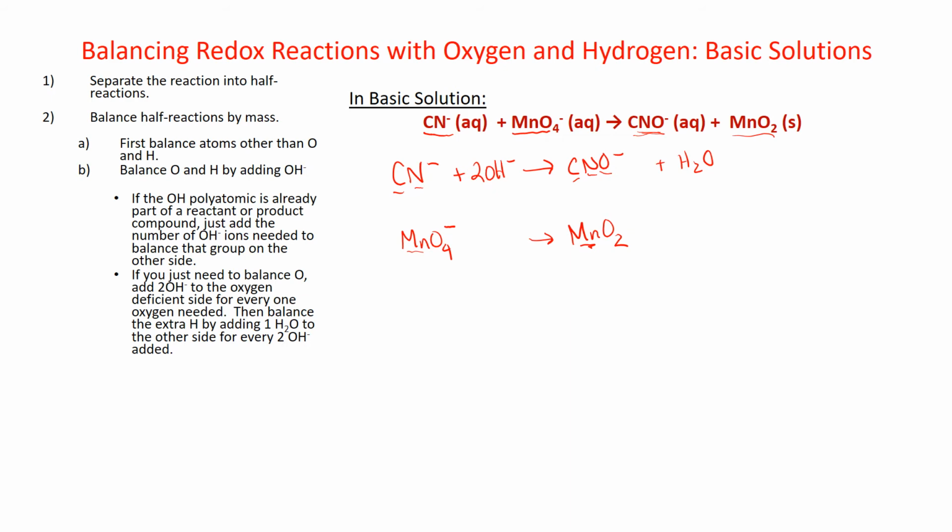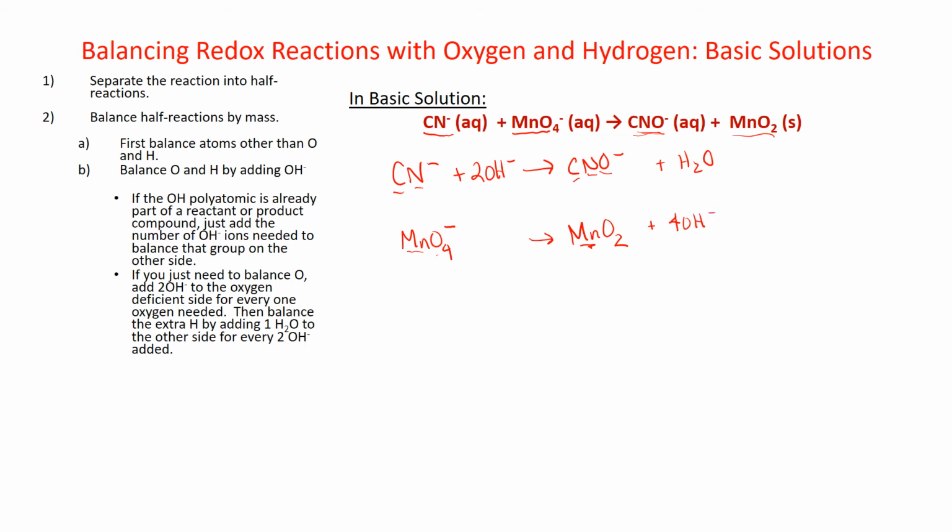We're going to do the same thing for the second half reaction. Here I've got 4 oxygens on the left versus 2 on the right. So I need to add 2 more oxygens to the right-hand side. I'm going to add that in the form of hydroxides, and 2 hydroxides for every 1 oxygen that I need to add. Well, since I need 2 more oxygens, I'm actually going to add 4 hydroxides.